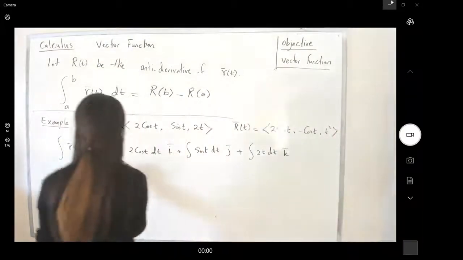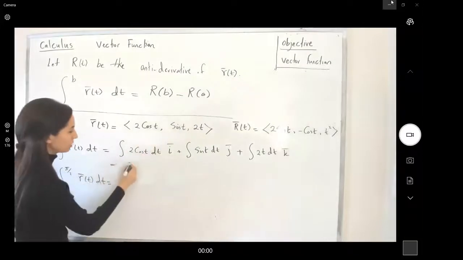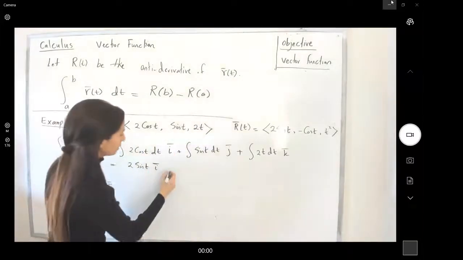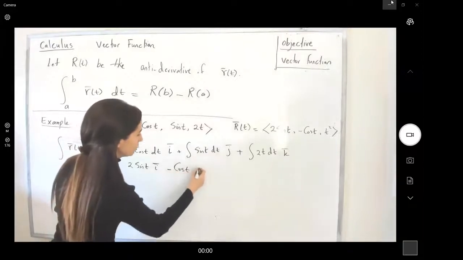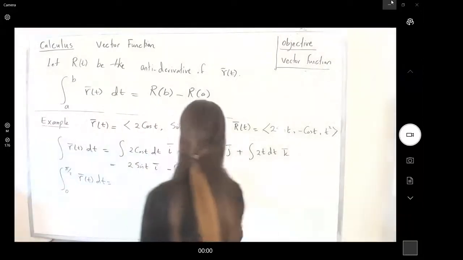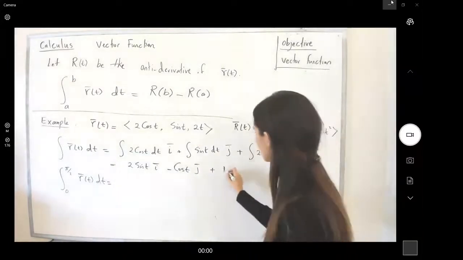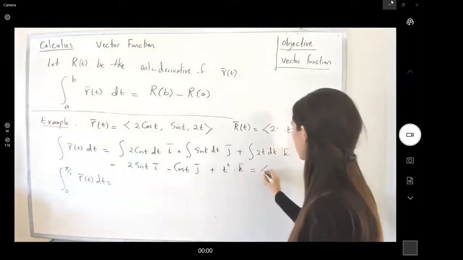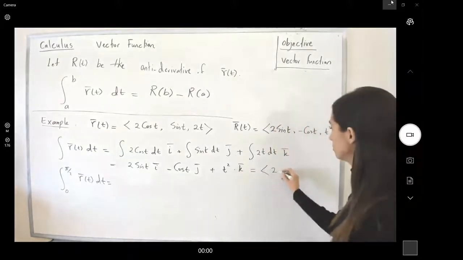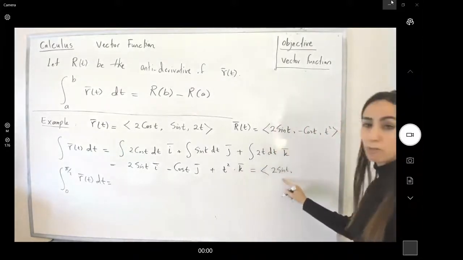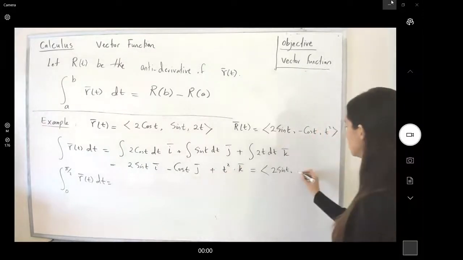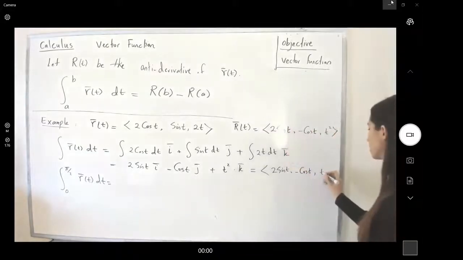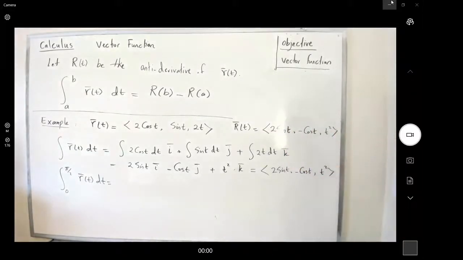This is equal to 2 sine t in the direction of x minus cosine t in the direction of y plus t squared in the direction of z. Another way to represent this is 2 sine t, the x component, negative cosine t, the second component, and the last component is t squared.